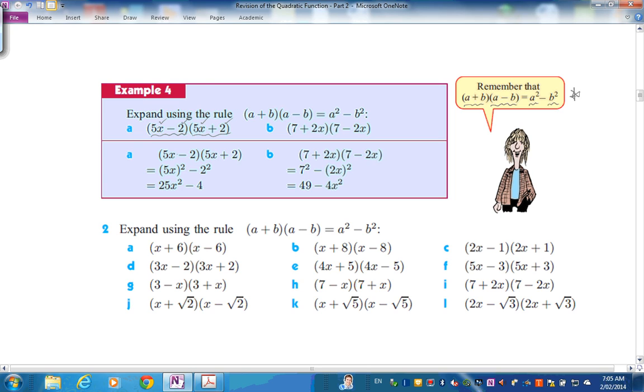So we should be able to say it's just the first term squared minus the second term squared. 25x squared, take 4. Over here, first plus second, same first minus second. It follows that form. So it's going to be the first term squared minus the second term squared. Don't forget to square the 2.